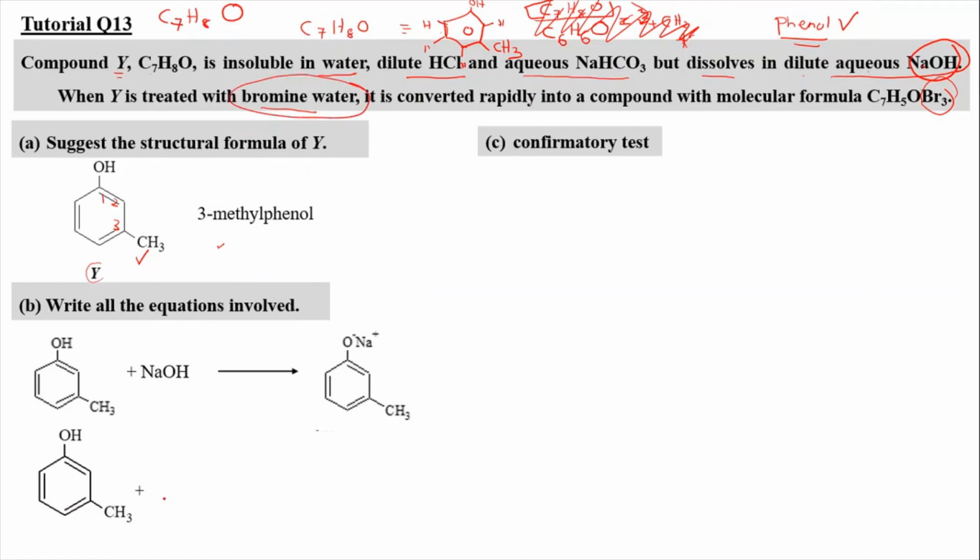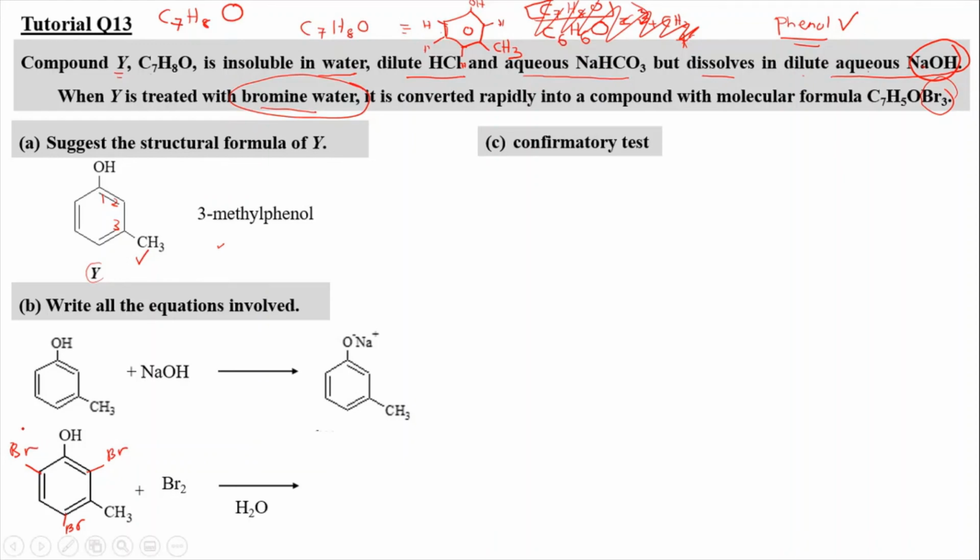So bromine water is Br2 in the presence of water, and what is going to happen here is that three bromine atoms are going to be inserted at this phenolic ring here. So Br is inserted here, Br here, and Br here.